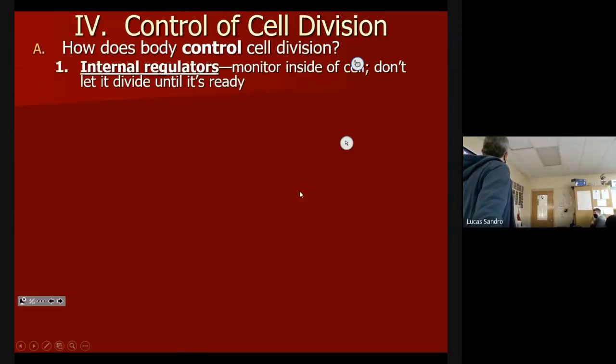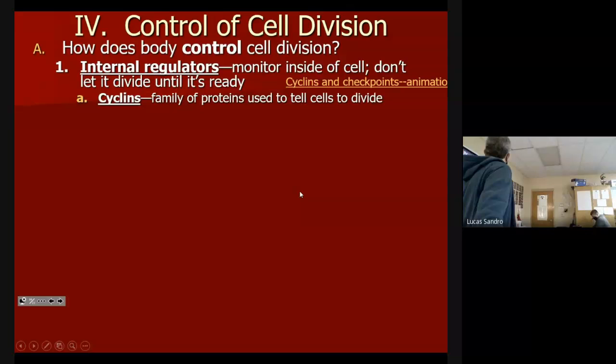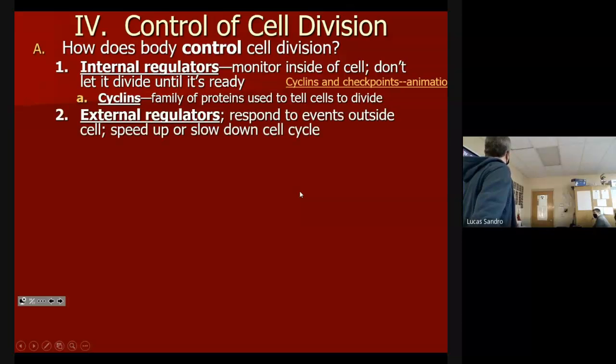So internal regulators like cyclins, and then external regulators, which are the things that come from outside the cell and respond to events outside the cell, like, for example, adolescence.